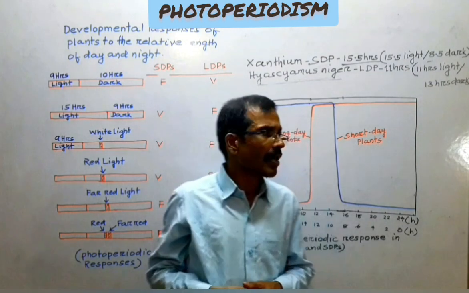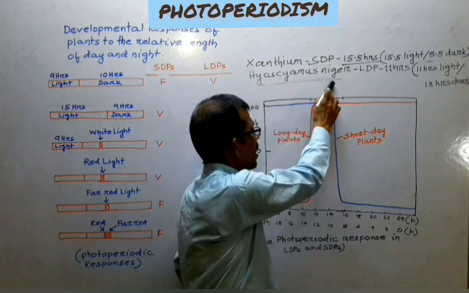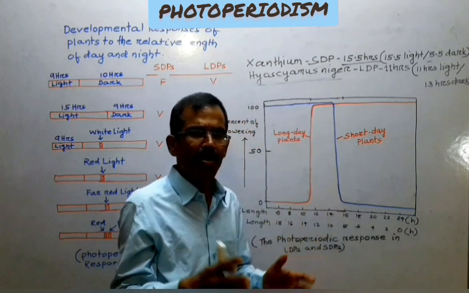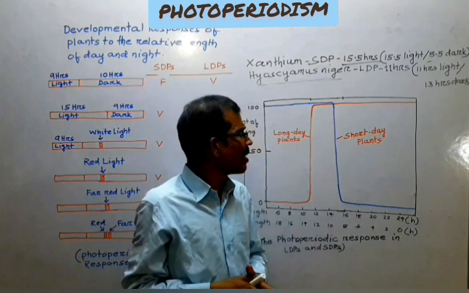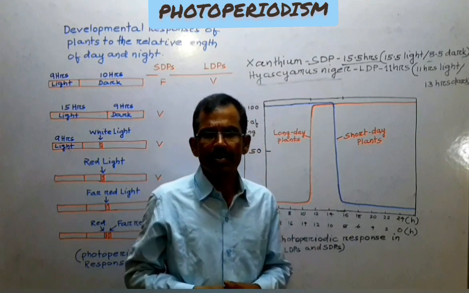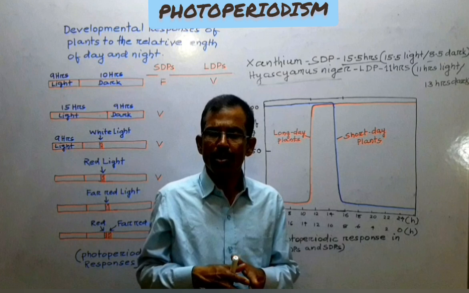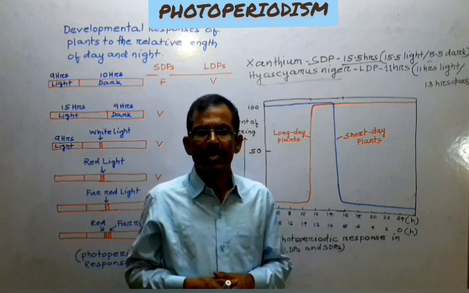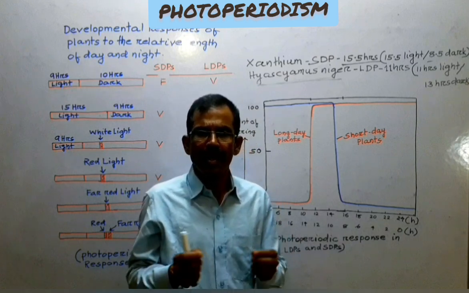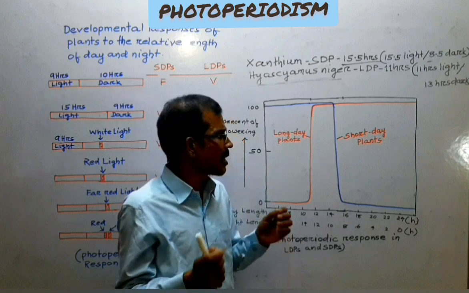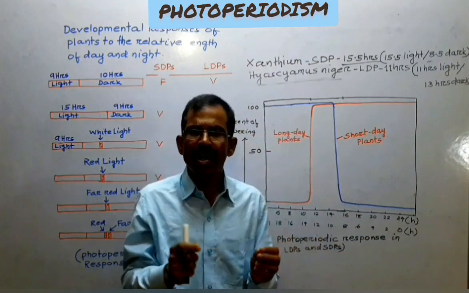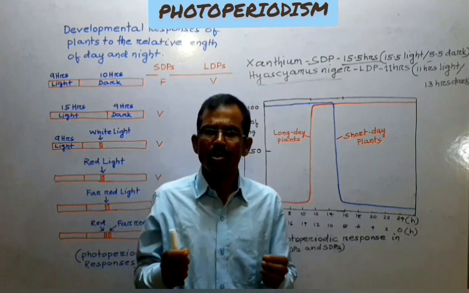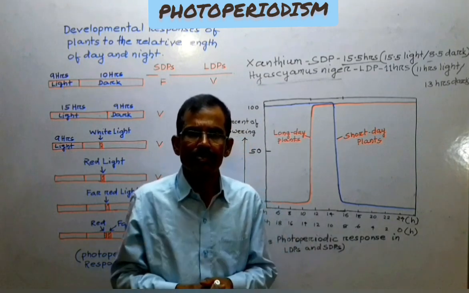Another example is Hyoscyamus niger, which is a long day plant. In this plant, the critical day length is 11 hours. So, for promotion of flowering, this plant requires a day length which must exceed 11 hours and a relatively short dark period.